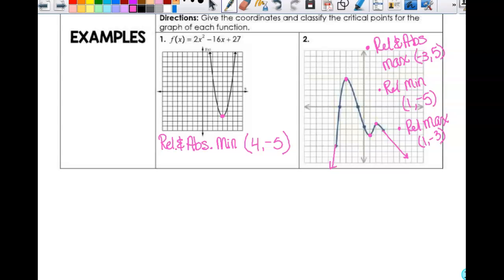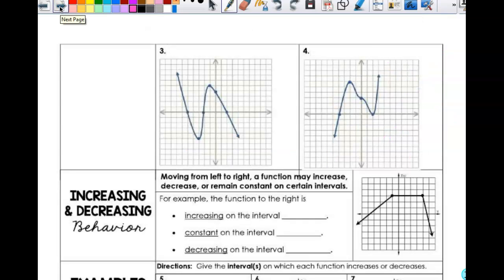All right. Let's look at the next one. On number 3, how many critical points do I have here? 2. I have this one and this one. Are there any absolute maximums or minimums on this picture?